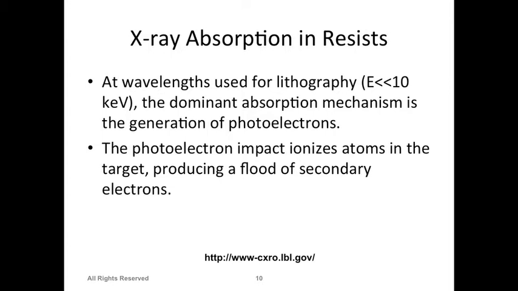Now there is another issue which comes into the picture when we work with high energetic beams like X-rays, and these X-rays are very penetrating, and they also produce photoelectrons, as we know, right?